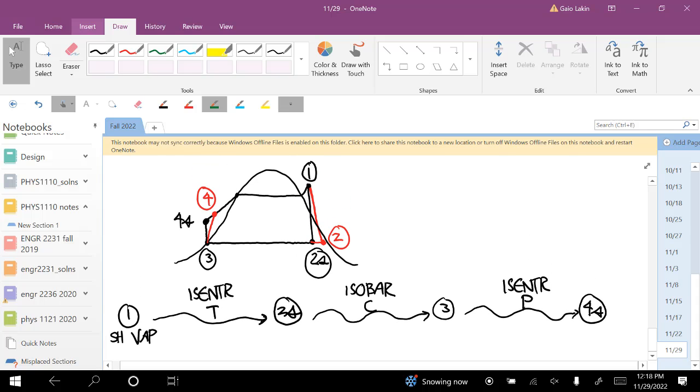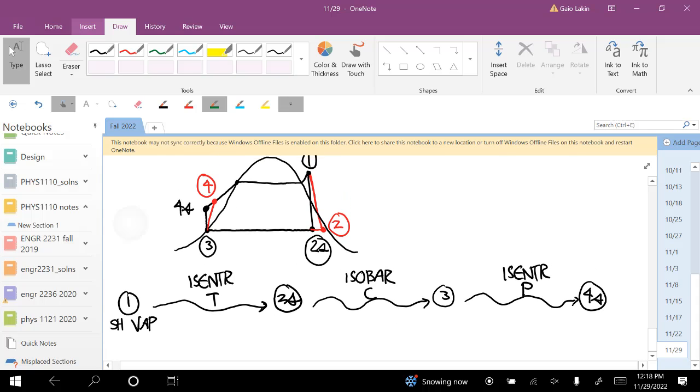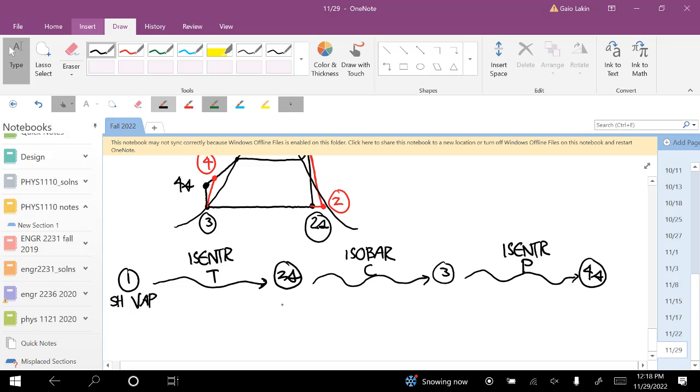Okay, so state 2s, that is a saturated mix. State 3 is a saturated liquid. And state 4 is a compressed liquid.